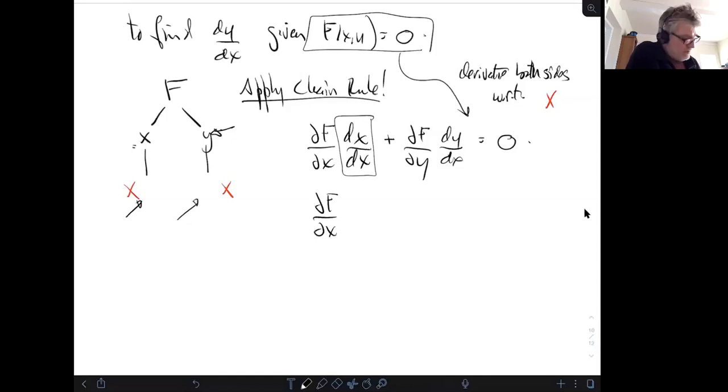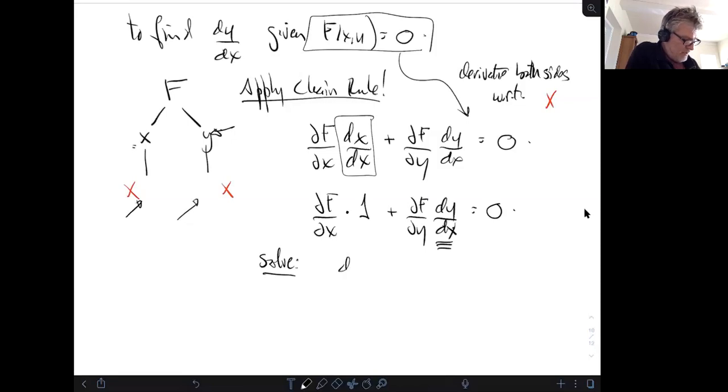The derivative is 1, plus del f del y times the dy dx I'm looking for, and this is 0. This is what I'm looking for, so I'm going to solve for that.